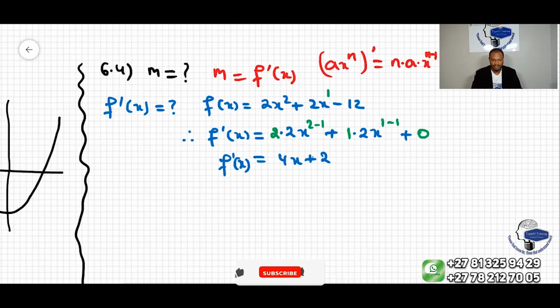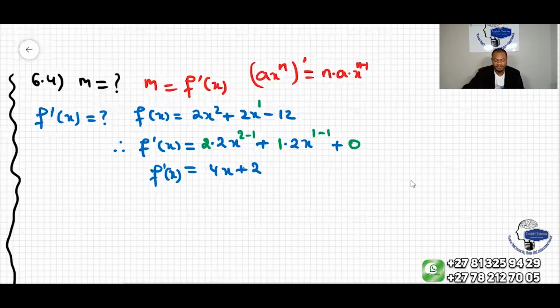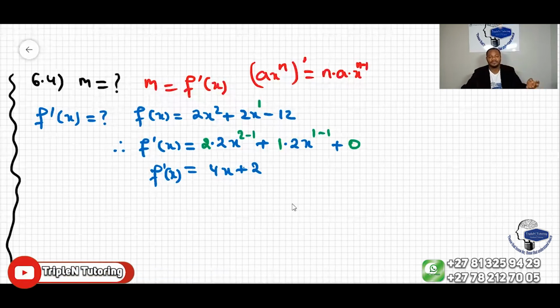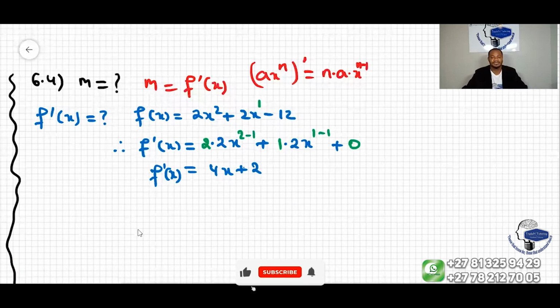plus 2. Now, the question says the gradient, so the gradient will be given by this. We can find the actual gradient when we substitute a point given in the graph. The question might say the gradient of the function at a certain point, but it didn't say anything.